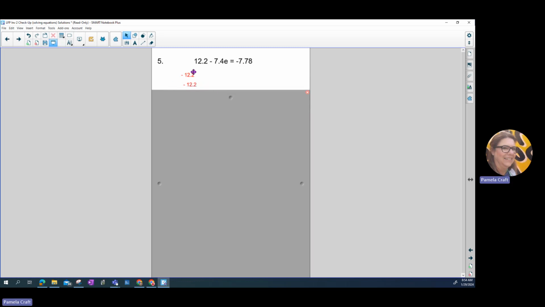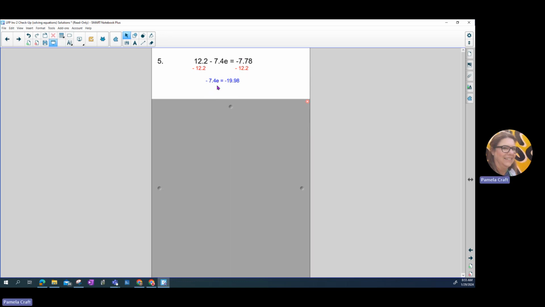So we're going to subtract that 12.2 from both sides of the equal sign. So these two will turn into a 0, leaving you with negative 7.4E. And that's going to be equal to negative 19.98 when I combine those two.